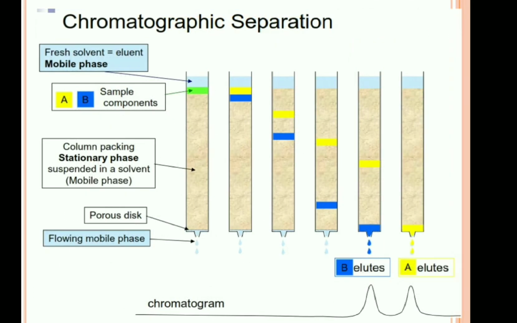Now through this diagram we can understand the principle behind this technique. Here there is a column in which the chromatography technique will be performed. The stationary phase is in the column; it is porous so that the molecules can interact with it. Then the solvent is there, which is the mobile phase, which will carry the sample we load in the column, and the sample has A and B components in it.